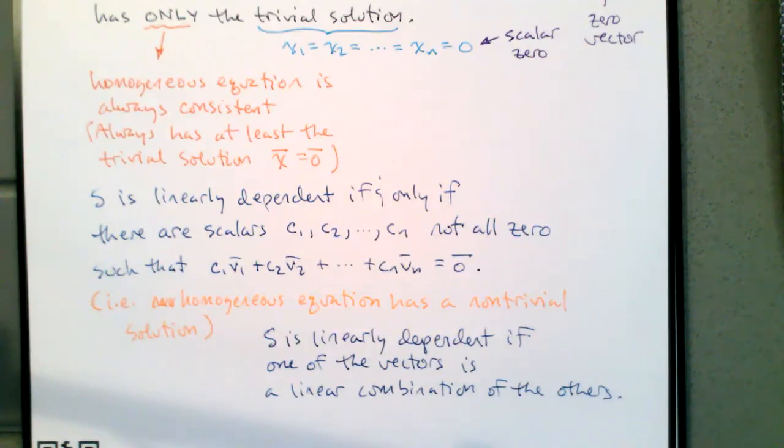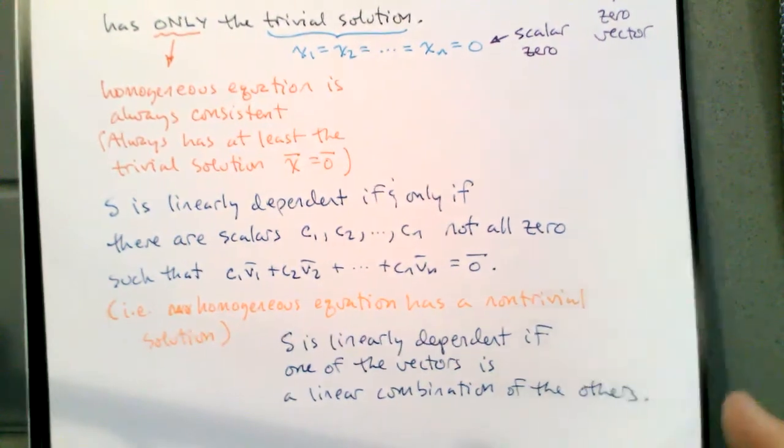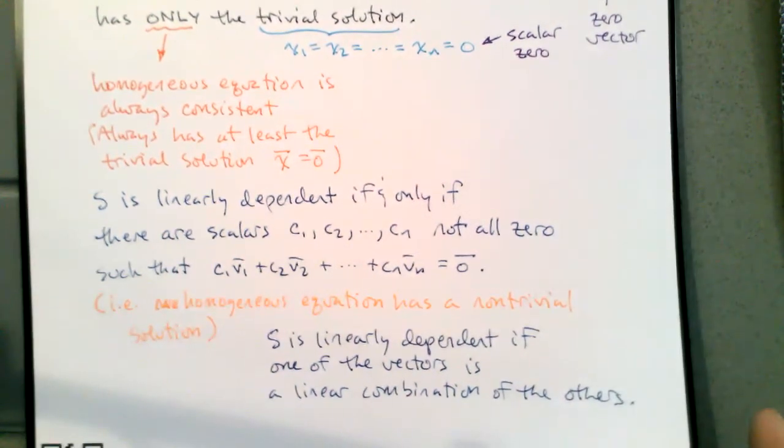A set is linearly dependent if one of the vectors is a linear combination of the others. Let's look at an example of a linearly dependent set. This is going to be our favorite characterization of linearly dependent sets.